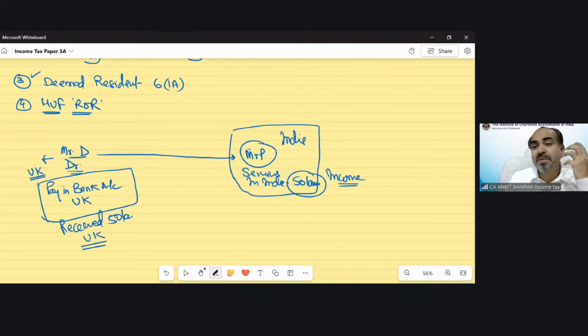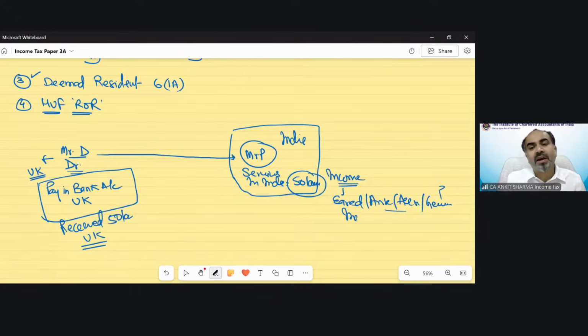But where it has been earned, meaning where you have given the services, where you have sold your goods, where the income is actually generating, the real generation, the activity you performed, was in India. So technically, this income has been earned or arisen or accrued or generated from India.